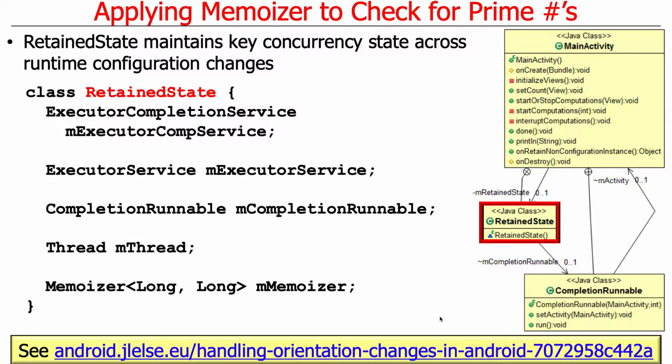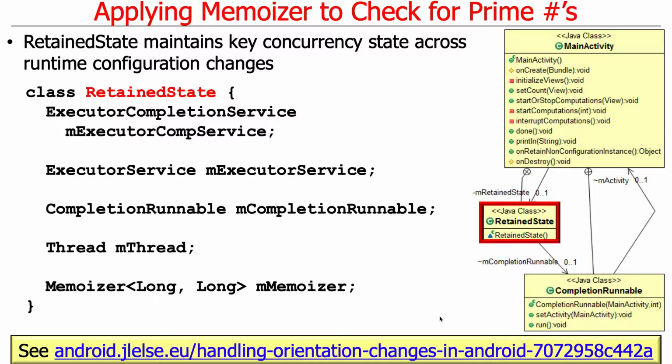Retained state is this object that's used in Android to make sure that when runtime orientation changes occur, we don't blow away our concurrent objects, our objects that are running concurrently. And you can see there's a bunch of them now. We have an executor completion service. We've got an executor service. We've got a completion runnable. We've got a thread. And we've got a Memoizer.